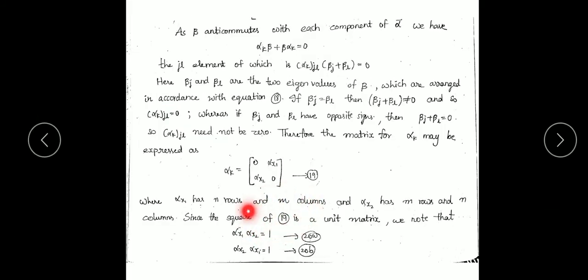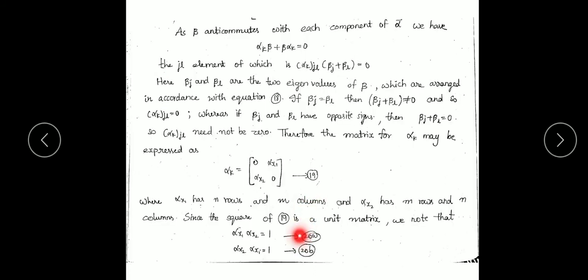These both equations have to be satisfied at the same time, which is not possible if m is not equal to n. It is possible only when m equals n. Therefore we must have m equals n equals 2.